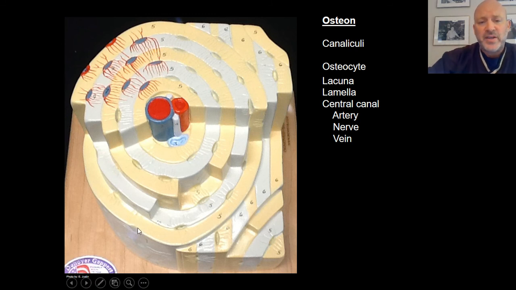But this is a nice model of a Haversian system or an osteon. It all starts with this, right? This is the blood supply. These cells along the outside are the bone producing cells, right? And these cells are a mature version of bone producing cells called osteocytes.